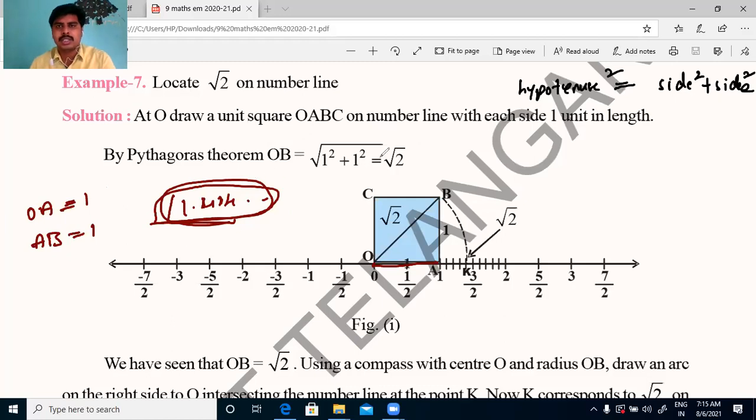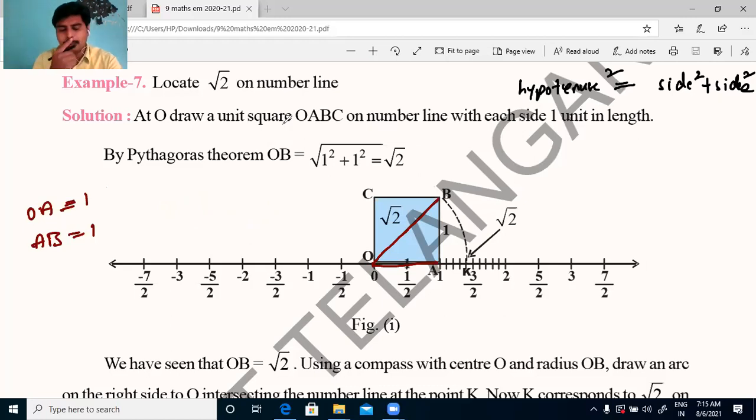What we are doing here is just take a root 2 length line, and we make an arc by using a compass. We draw an arc here. If you draw an arc here, it may touch this area. This point is our root 2.